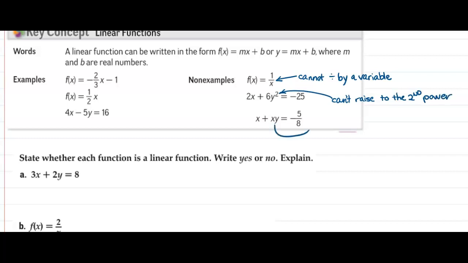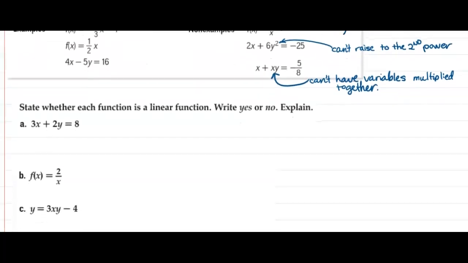You cannot have variables multiplied. But let's take a look.